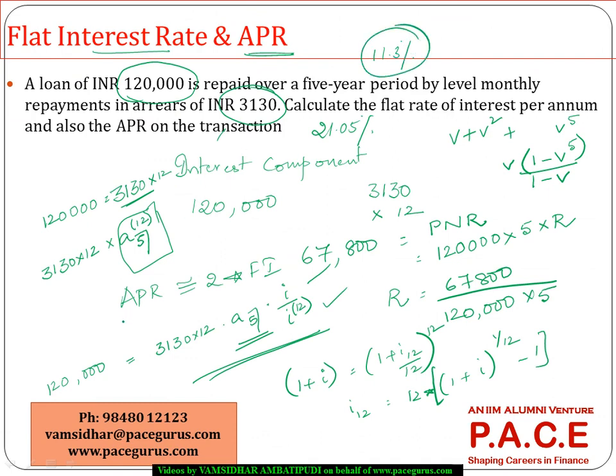And on a general note, what we see as a relationship is the annual percentage rate is approximately equal to twice that of the flat interest rate, which we can take as a base and then start our other calculation process. All right.